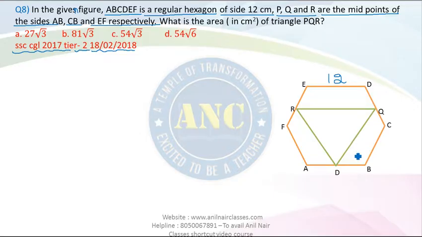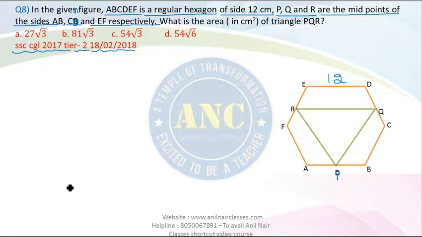P is the midpoint of AB, Q is the midpoint of CD, not CB, it is CD, and R is the midpoint of EF. That is what is given in the question. What is the area of triangle PQR? This green color triangle PQR area is what I need to find.